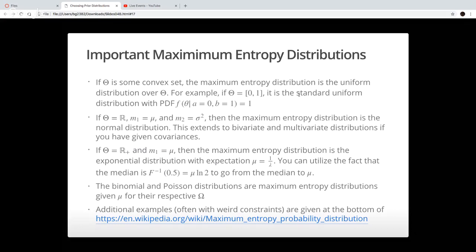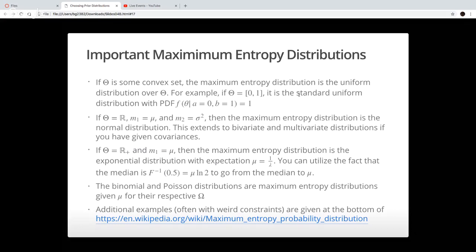If you specify an expectation and a variance, or a standard deviation or whatever, and the parameter space you're interested in putting a prior over is all real numbers, the normal distribution maximizes entropy. It is closest to a uniform distribution among all distributions that are proper, that have an expectation that is what you said, and a variance that is what you say.